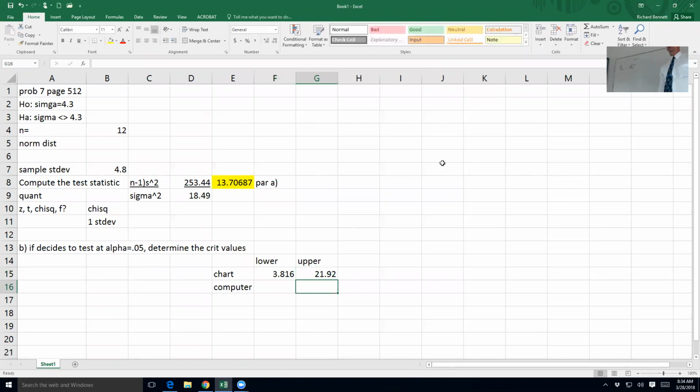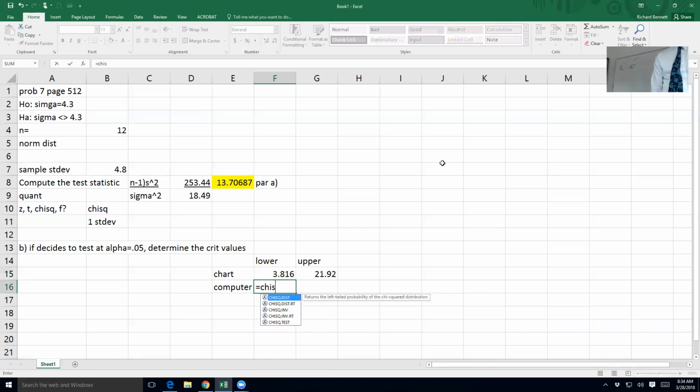How would you do this with the computer? I don't know. Chi-square, which one? Is it dist or inverse? It's inverse, right? Now I've got inverse and inverse right tail. What's the difference between those two? Inverse is going to be the left tail.